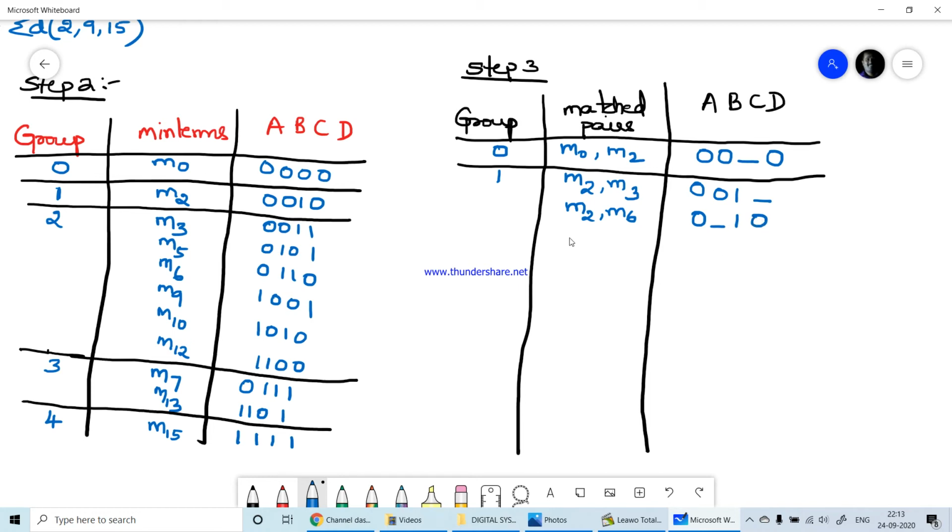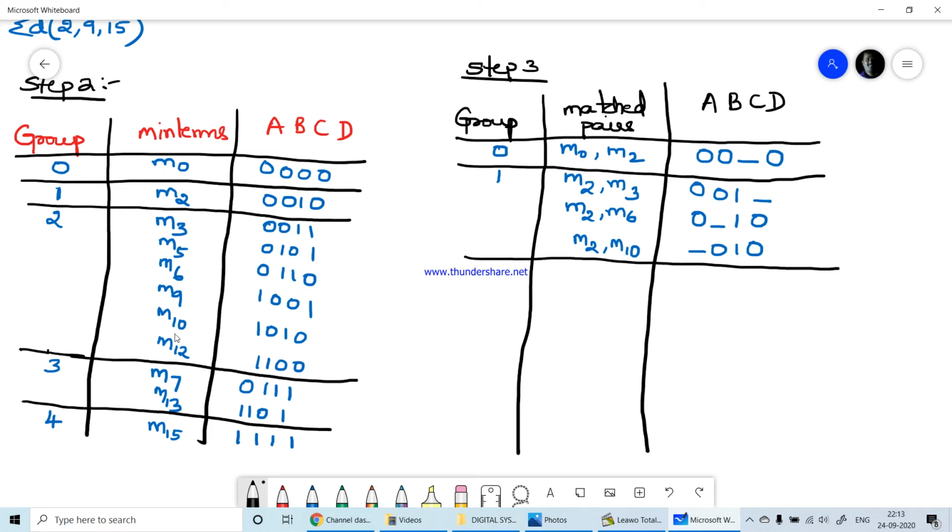Finally M2 and M9 cannot be mapped, you get 3-bit difference. M2 and M10 can be mapped, where we get dash 0 1 0. M2 and the last one again cannot be matched because we have 3-bit differences. Therefore, this is the end of group 1 compared with group 2 in the step 2 table.